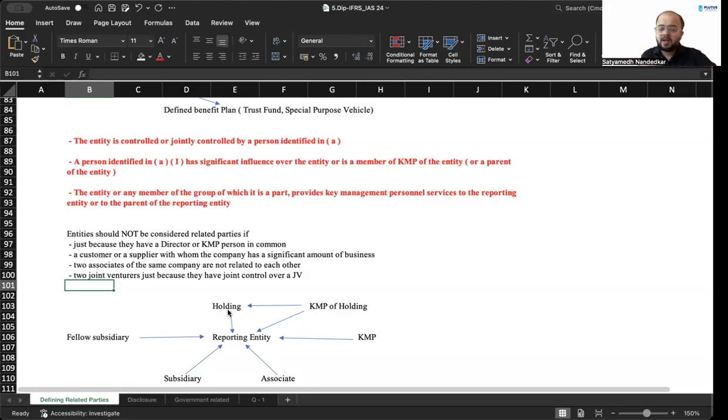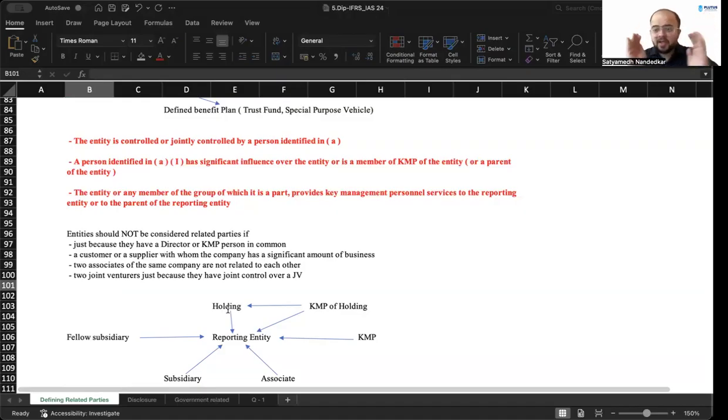Just because they are running a joint venture over which they have joint control, Satyamedh and Rishabh will not be deemed to be related to each other. You will have to consider other aspects of the relationship also. So the substance over form principle means you should pay attention to the actual economic reality of the transaction, not the packaging of the relationship. That is very, very important.